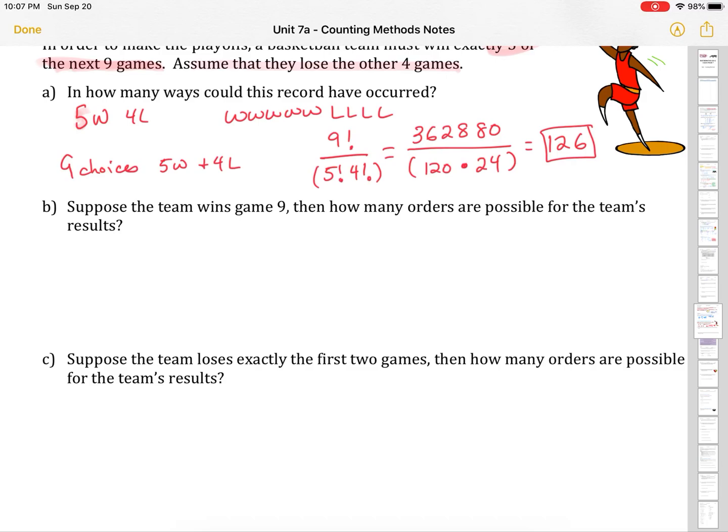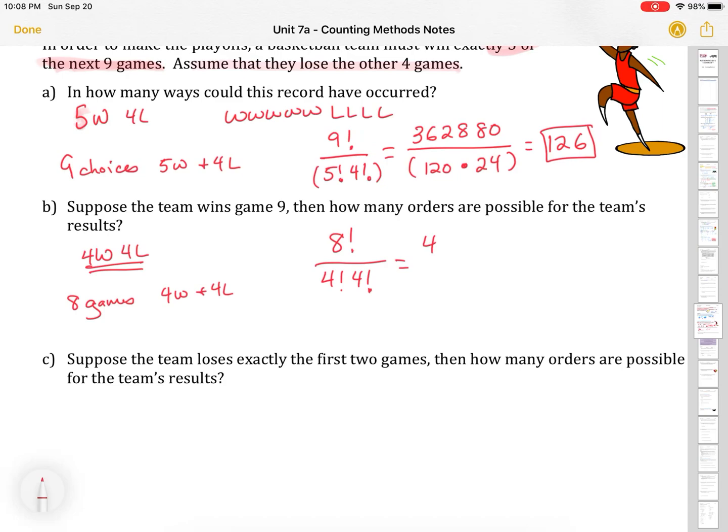Now, suppose the team wins game 9. Then how many orders are possible for the team's results? Well, we know 1 is definite. So that means we're just looking at the 4 wins and the 4 losses before that 9th game, right? So here we have 8 games with 4 wins and 4 losses. So for that one, it would be 8 factorial over 4 factorial times 4 factorial.